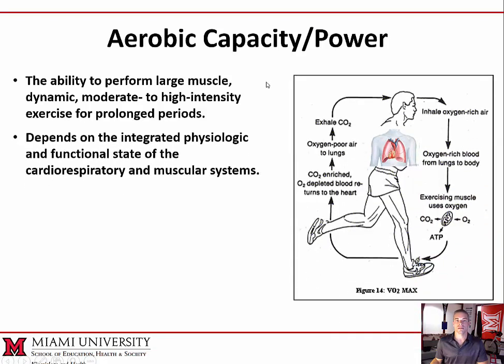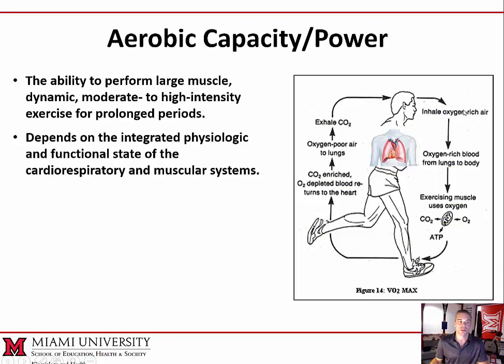This ability to perform these large muscle dynamic exercises for long periods of time depends heavily on the integrated physiologic and functional state of both the cardiorespiratory as well as the muscular systems. Looking at this diagram here, we all know that we inhale oxygen-rich air.